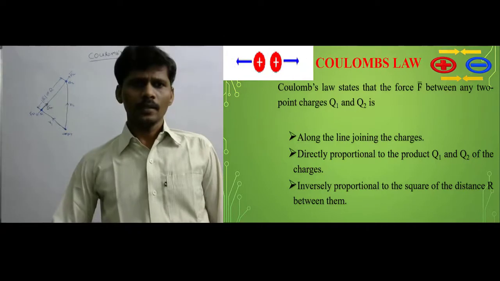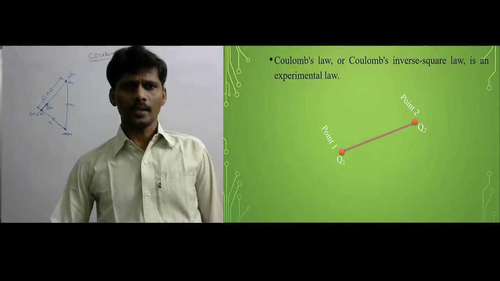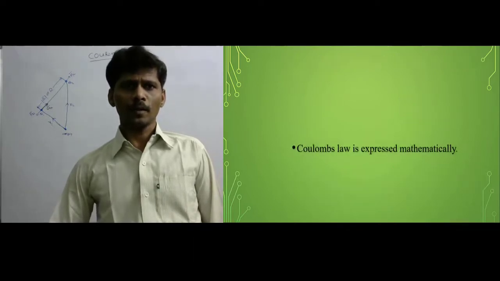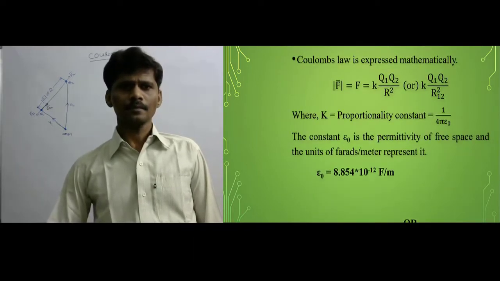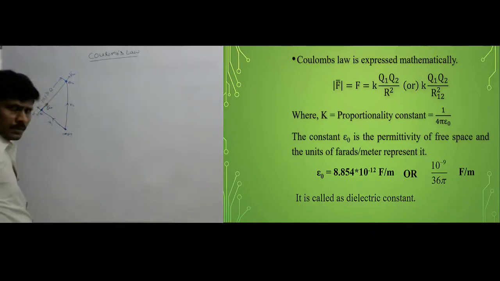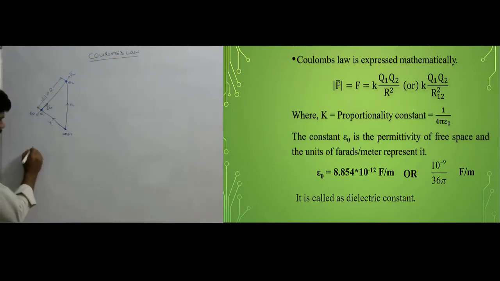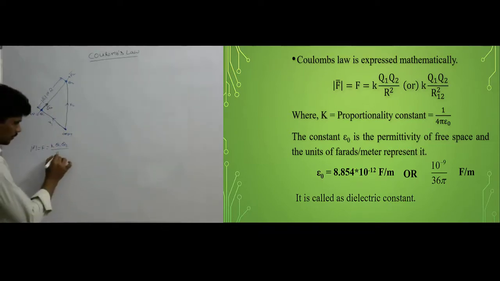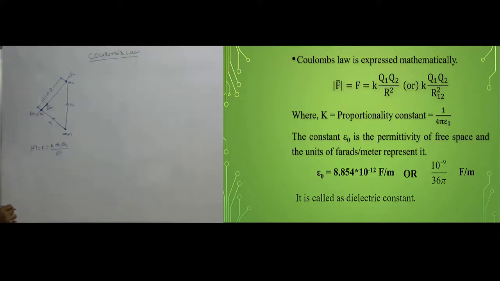Mathematically, this statement can be expressed as the magnitude of F bar, or magnitude of F12 bar, is equal to F, that is equal to K Q1 Q2 by R square, where K is the proportionality constant.